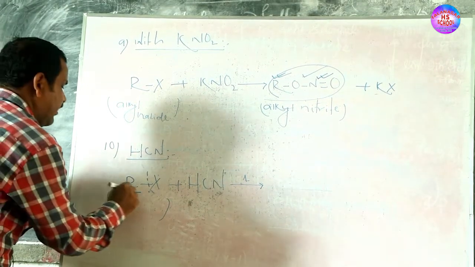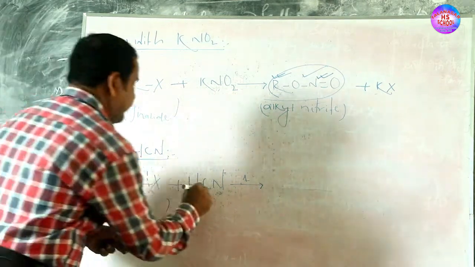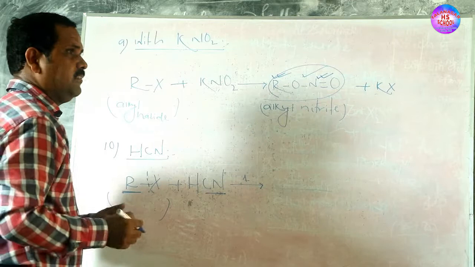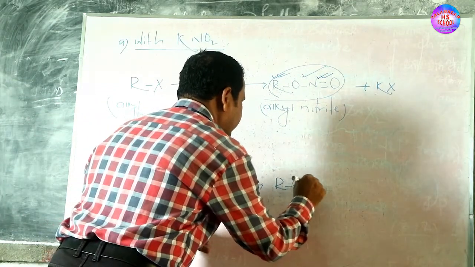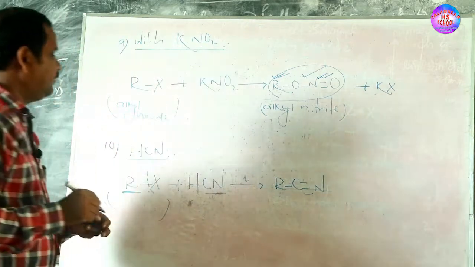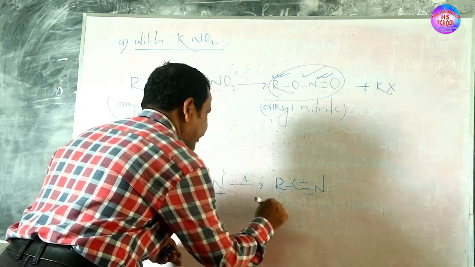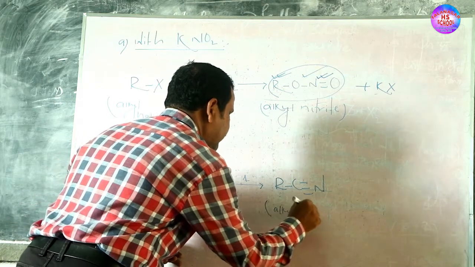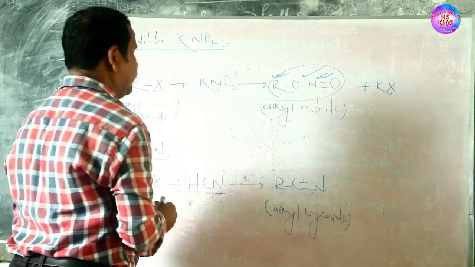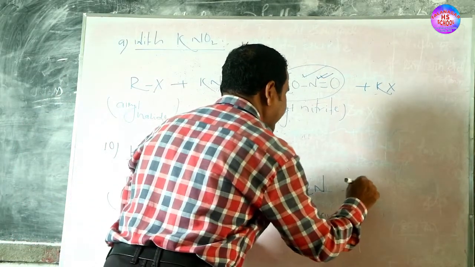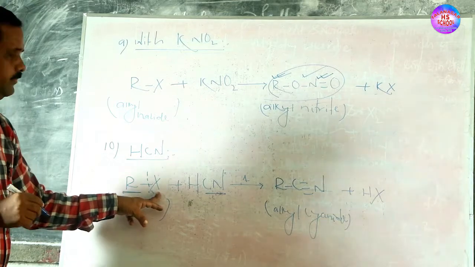The alkyl group R attaches to the cyanide group CN. So we get R–C≡N. RCN is your alkyl cyanide, and HX. This HX is the halogen acid.